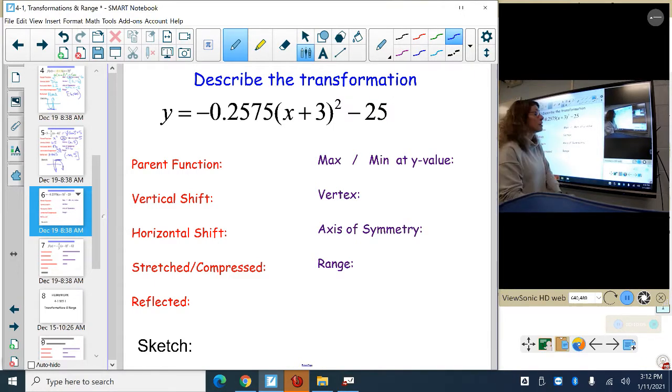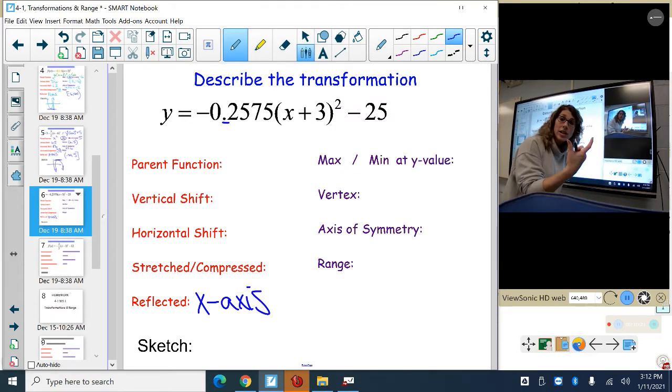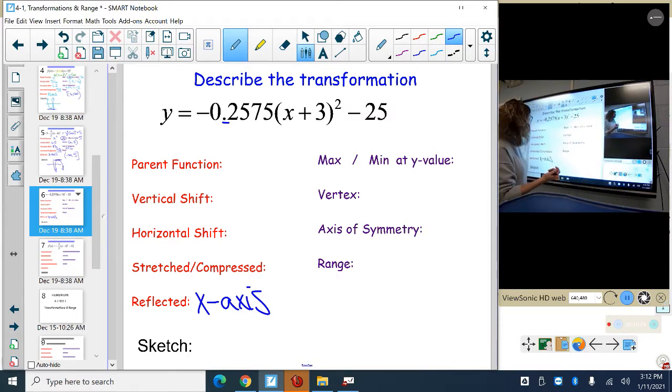Which direction are we reading this from? Always left to right. So negative 0.2575. What does this mean? It's negative, so therefore it is reflected over the x-axis. 0.2575 is a fraction, but it's actually a decimal. But ask yourself, is it between 0 and 1? The answer to that is yes.